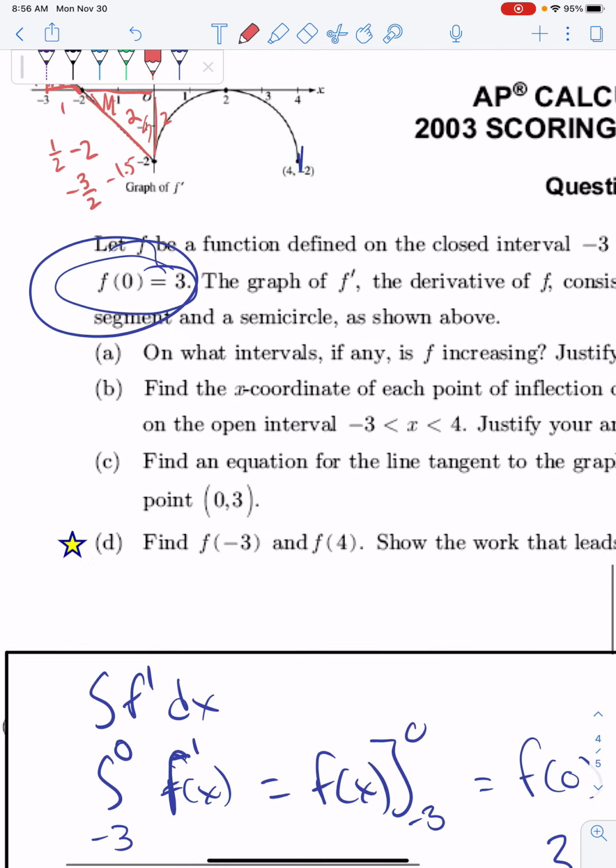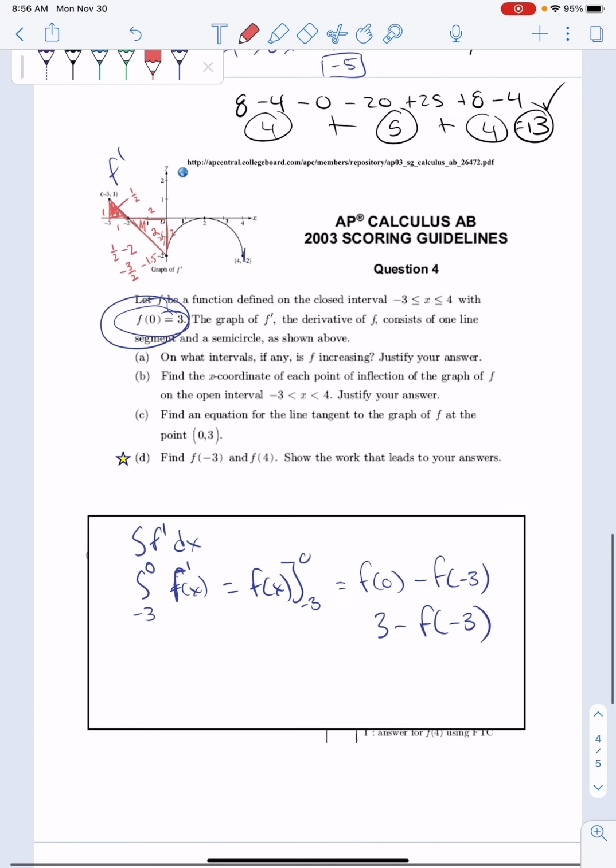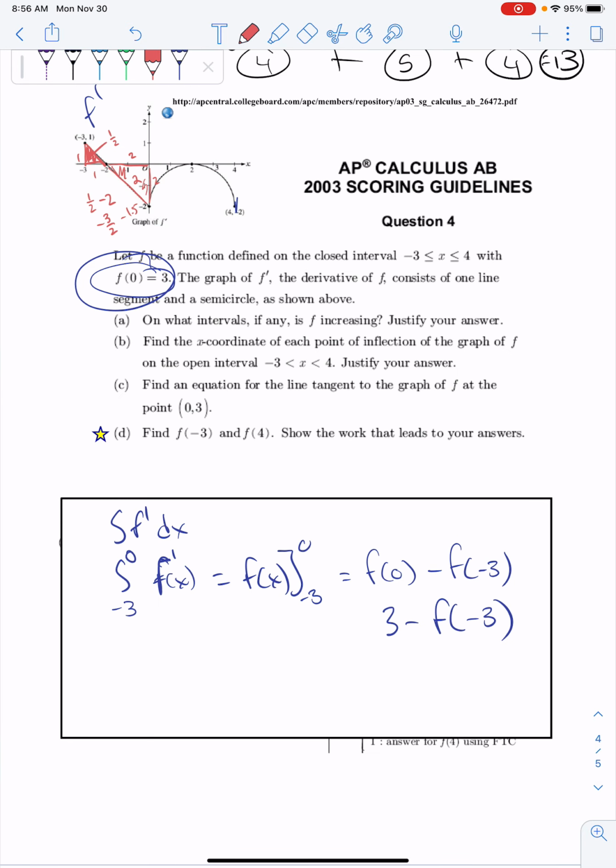And if I come back down here, I don't know what f of negative 3 is, but I know that when I combine these together, I should get negative 1.5.